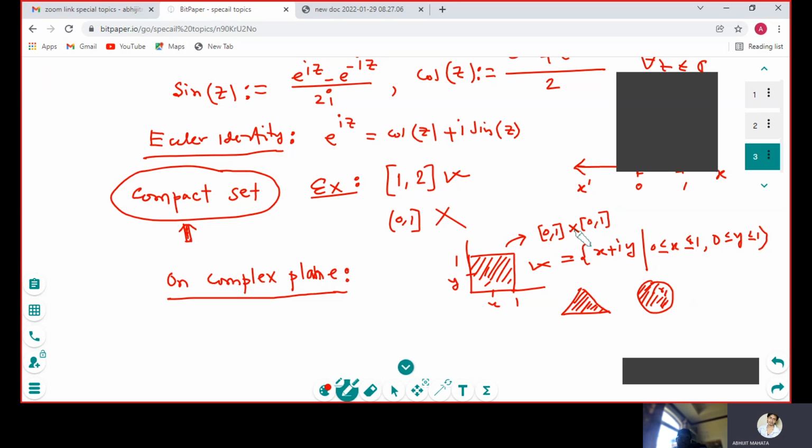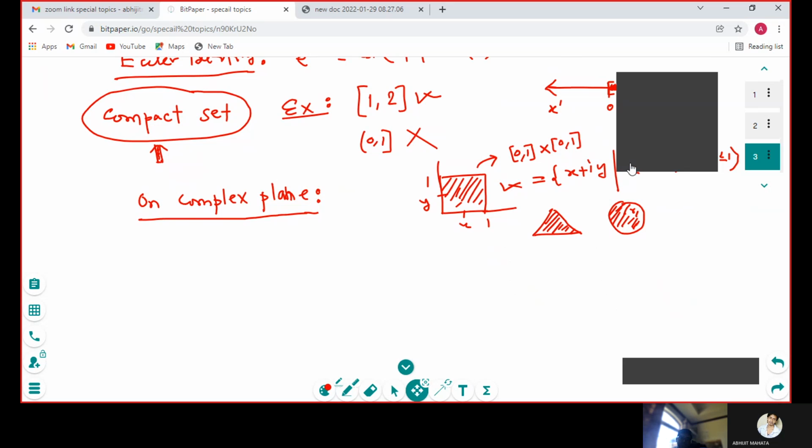Now there is a theorem. Let me first tell you about bounded functions.